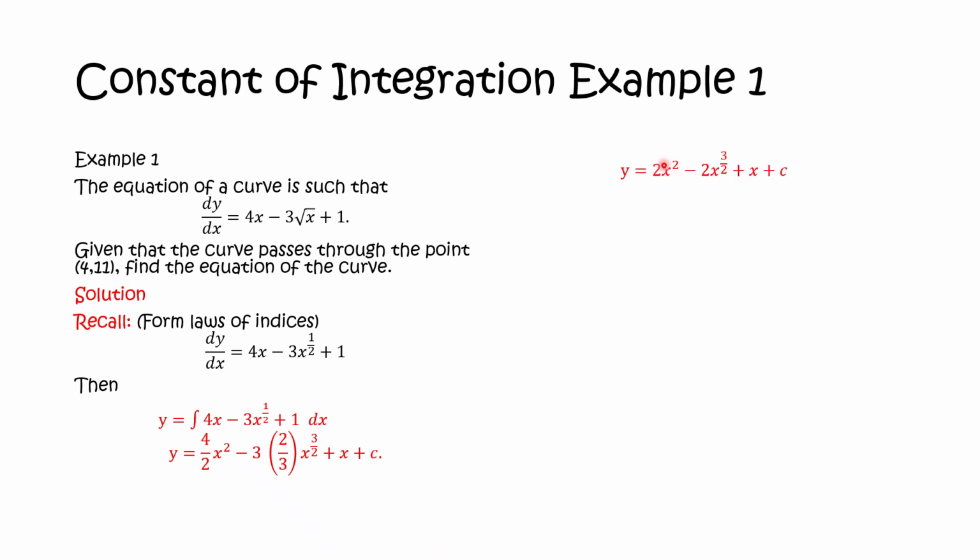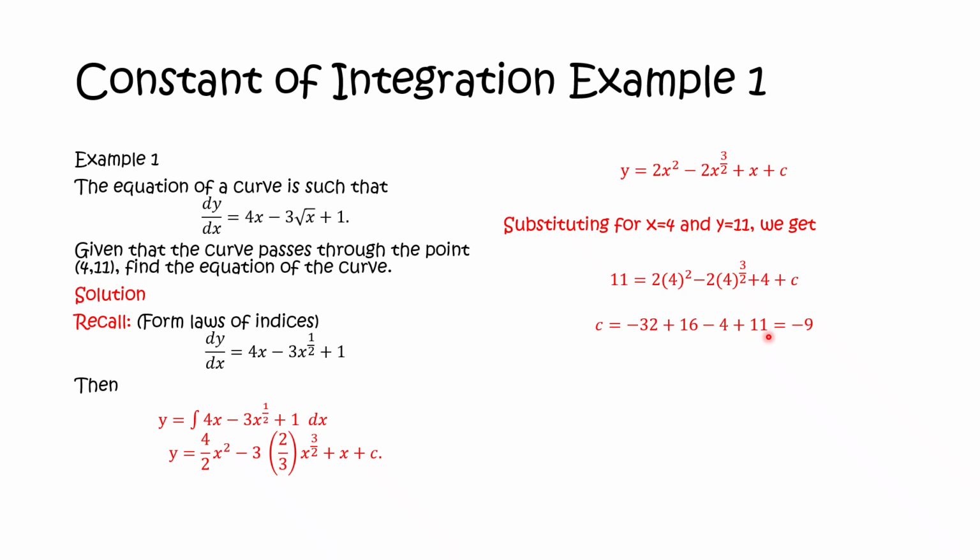Now simplifying that, we would get y is equal to 2x squared minus 2x to the power 3 over 2 plus x plus c. We go on to substitute for the coordinates, x is equal to 4 and y being equal to 11, and then we solve for c, and our c comes out as minus 9.